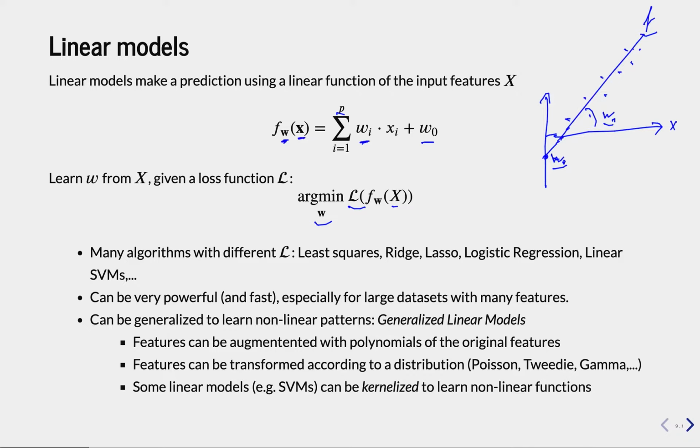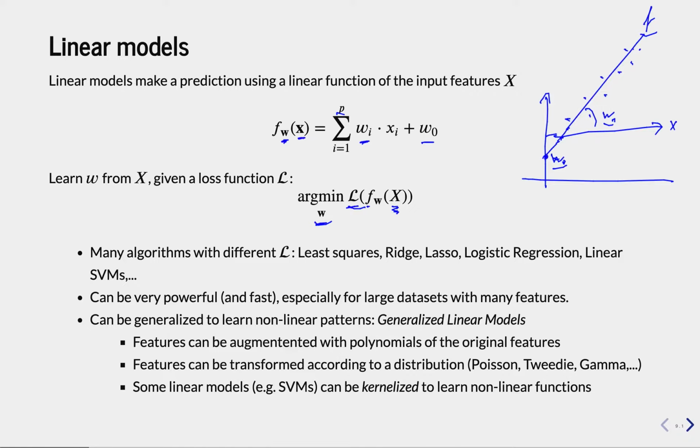Maybe this is a good solution, maybe, I don't know, this could be a bad solution for these points, right? And the loss function is some way to compute whether our function fits the data or not. Right? So we say that given the data x, we want to learn the weights of this linear function f according to a loss function.